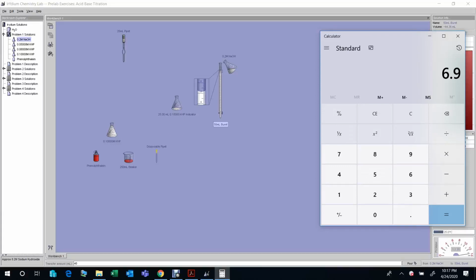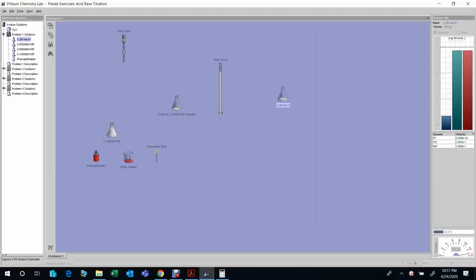As we do the titration, the liquid level will keep going down, and the difference is the volume that we add to do the titration. So we need to write down the initial reading, which is 6.9. Okay, and then we can start to do the titration.